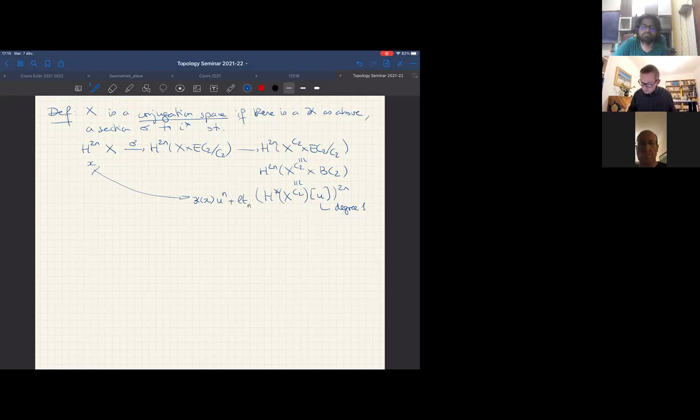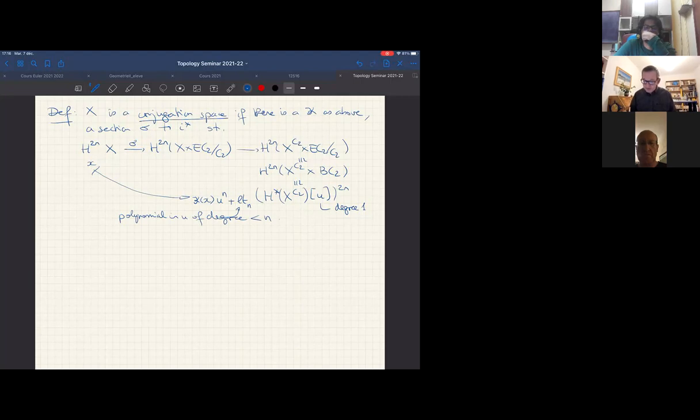These lower terms form a polynomial in u of degree strictly less than n. So the leading term of this polynomial is kappa x times u to the n.